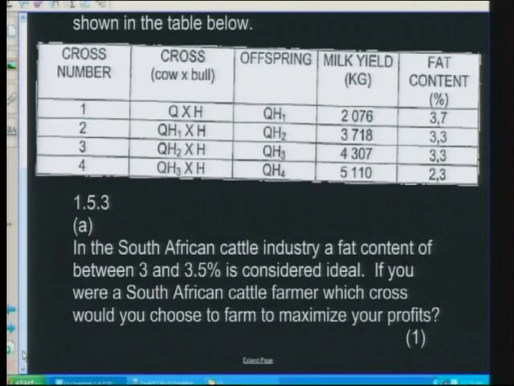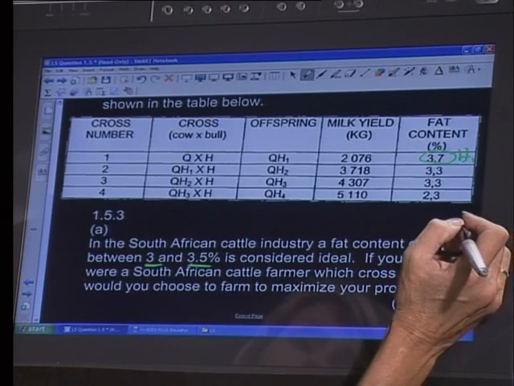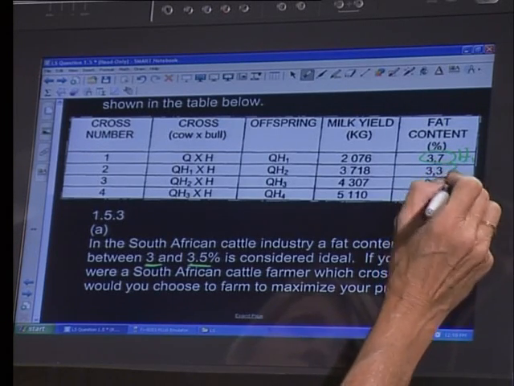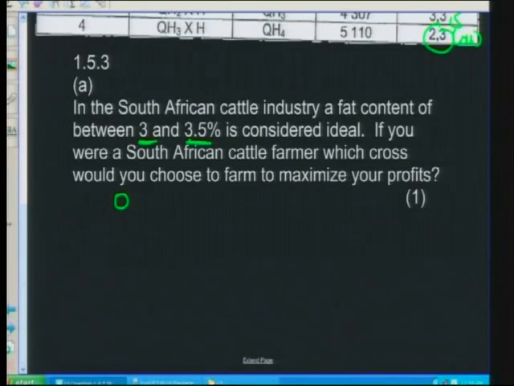Now look, we like 3 to 3.5. So cross 1, the QH1s, sit at 3.7, which is too high for us, okay? And 2.3 is too low for us. So we would go with either QH2 or QH3.